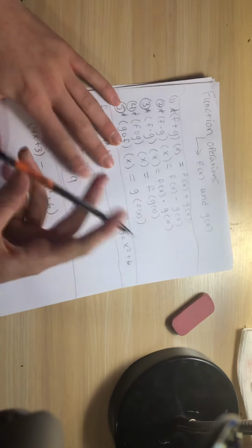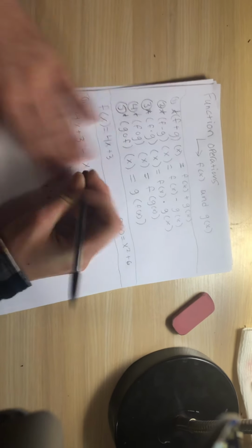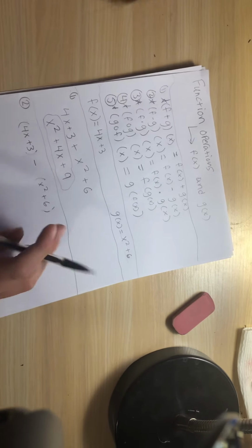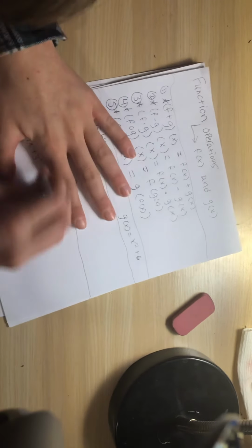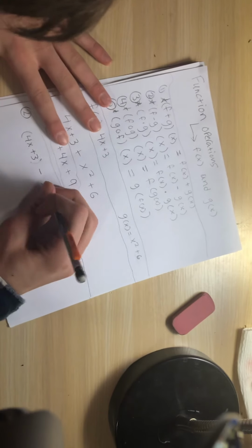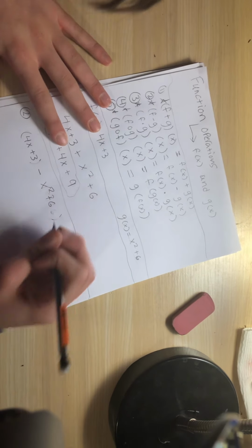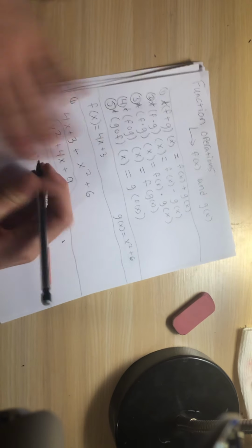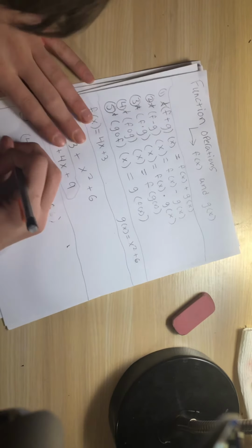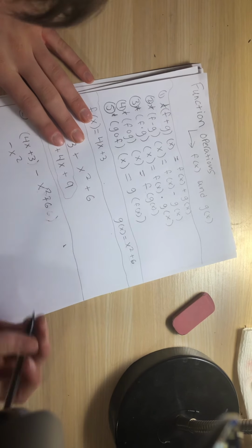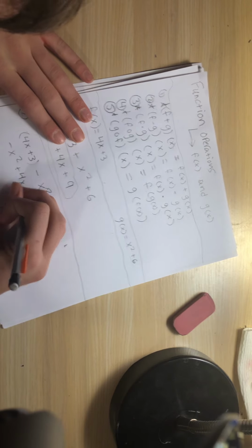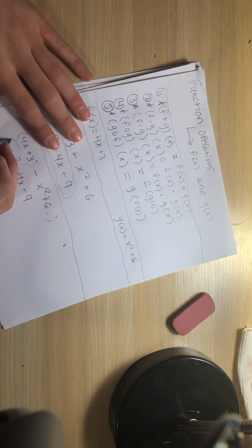When you just look at that, it's very simple. If you just look at it like this, it really just means negative x squared plus 4x plus 9. Doesn't that look way simpler?